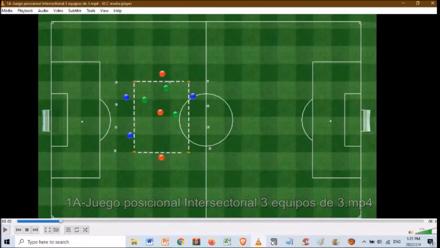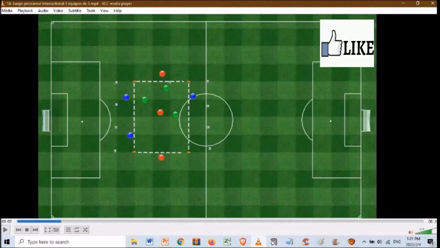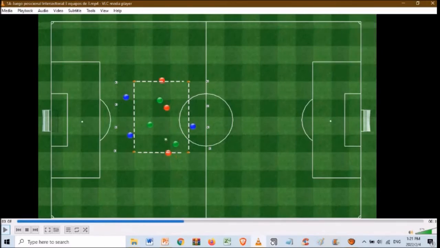We're going to work individual technique, tactical technique, but of course also tactics here. We're going to work change of moments, find the free man, ball circulation, ball movement, the tension on the passes, the controls, how they have to position themselves. All this information is going to be worked from day to day in different ways.